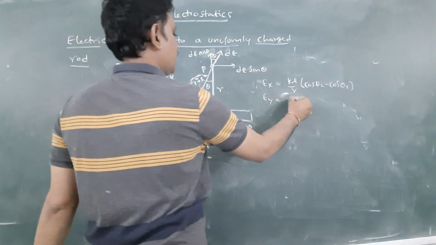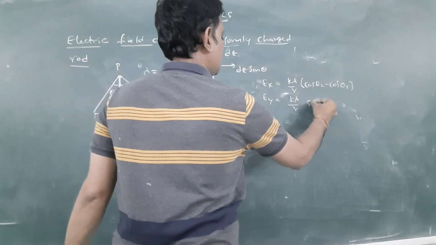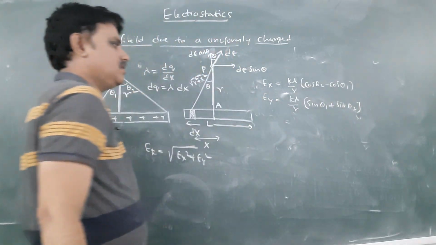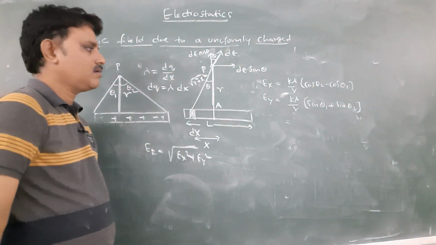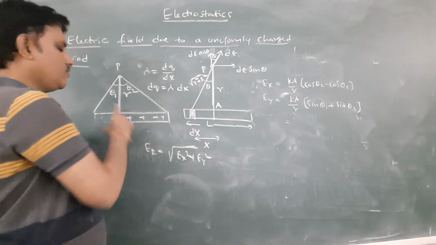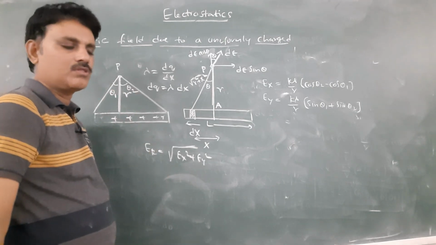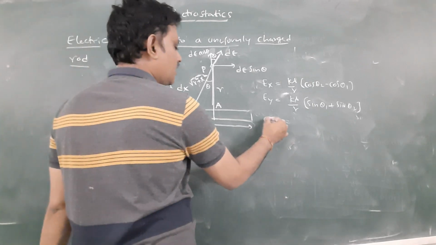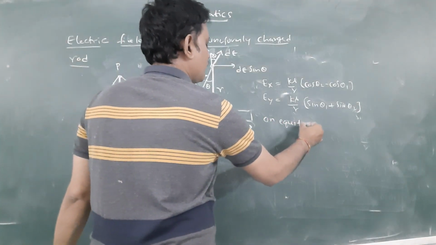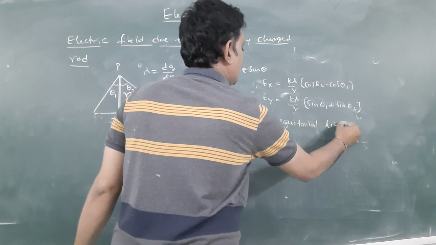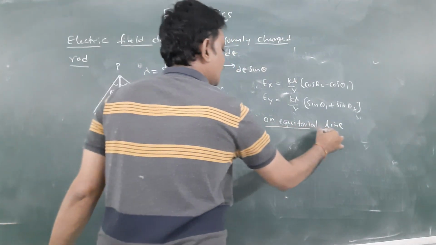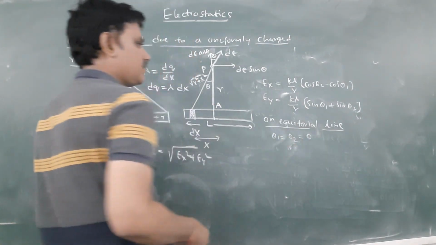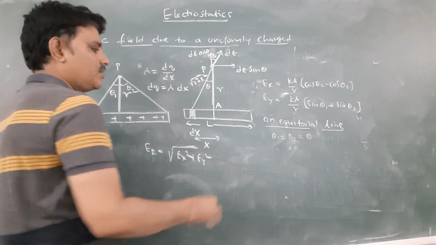Similarly Ey is equal to k lambda by r into sin theta 1 plus sin theta 2. These are the two relations we get. Suppose theta 1 and theta 2 are equal, that is on the equatorial line. To calculate electric field on the equatorial line at a point, theta 1 is equal to theta 2, which is equal to theta.